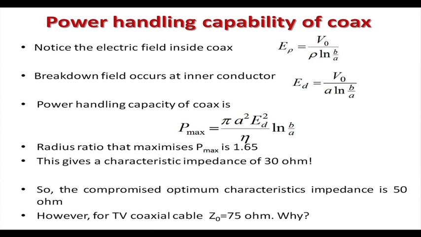Now, you can ask why they could not make it 300 ohm itself, but making 300 ohm is difficult, because a very close spacing is required between the two conductors. Initially, when TV was in the VHF range, they didn't use coax, because 2 shielded wires were enough.